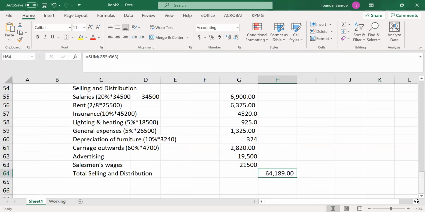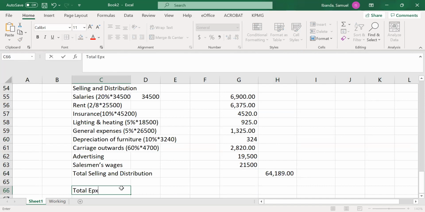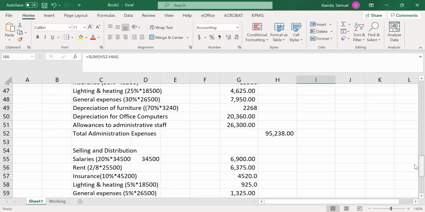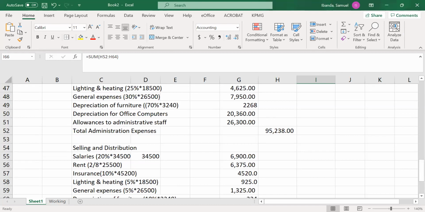Then for me to get the total expenses here, will be the summation of this, which gives me 159 something. Okay. And after I've done that, I should be able to get my so-called net profit.